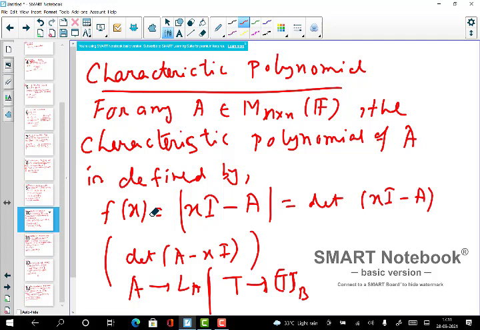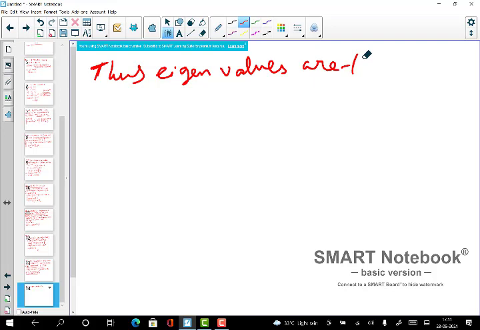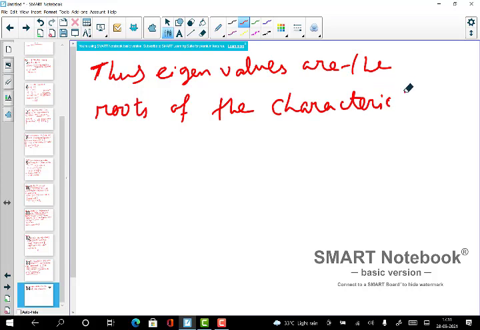You find the determinant of xI minus A first, and that will be a polynomial, then find the roots of the polynomial, and those roots will be the eigenvalues, right? Thus eigenvalues are the roots of the characteristic polynomial, right?